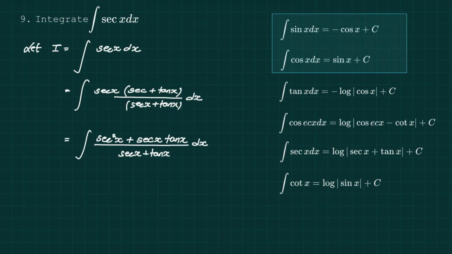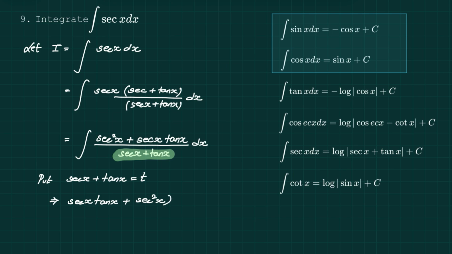So that's why we will assume this denominator to be t. So let us put sec x plus tan x equals t. Then d/dx of sec x is sec x tan x, d/dx of tan x is sec square x, and d/dx of t is dt over dx.